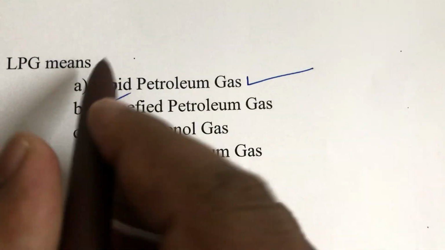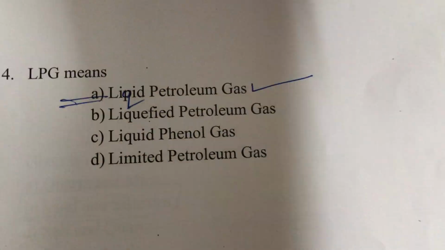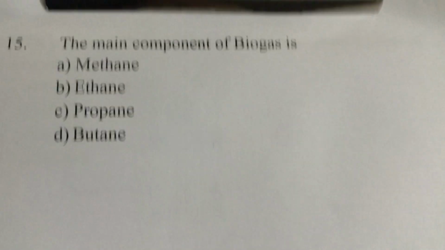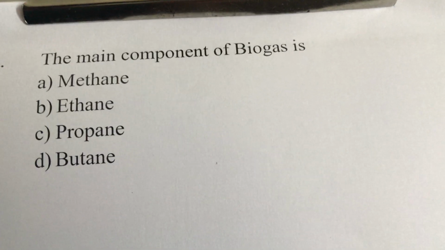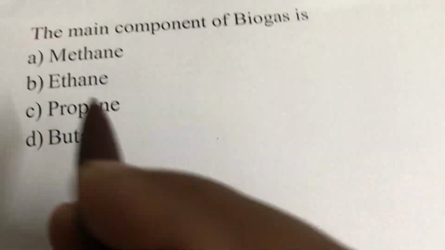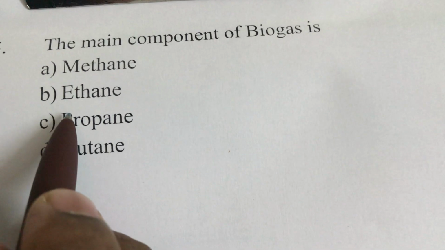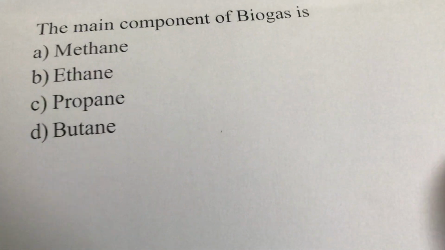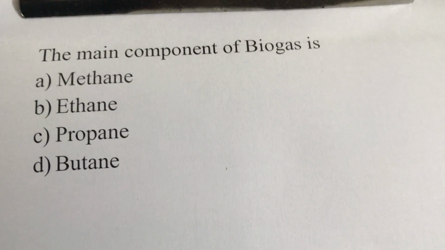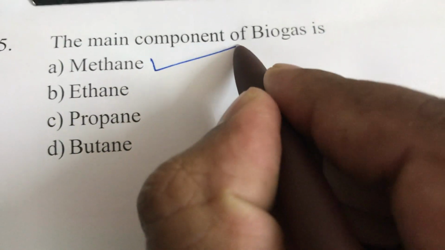So the right answer is option A. Okay, next 15th one, the main component of biogas is option A methane, option B ethane, option C propane, and option D butane. The right answer for this question is methane.